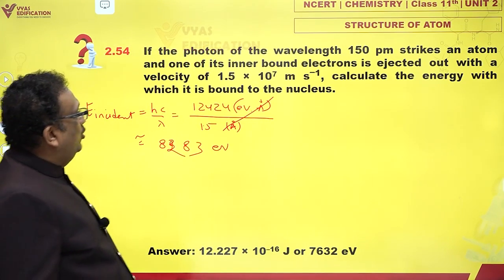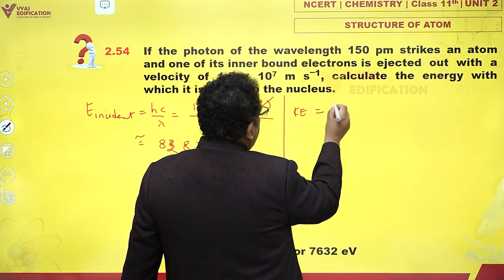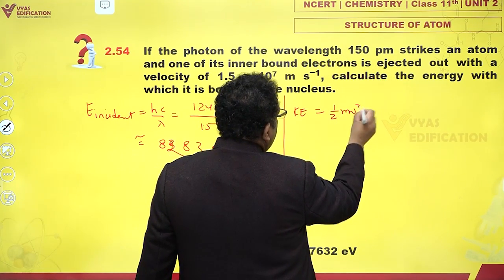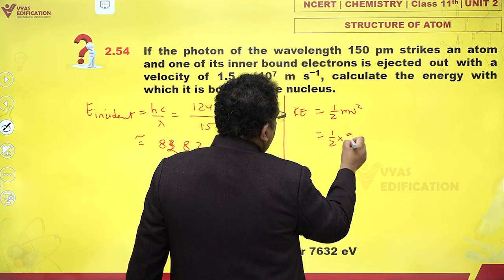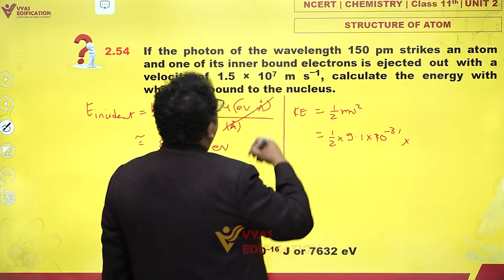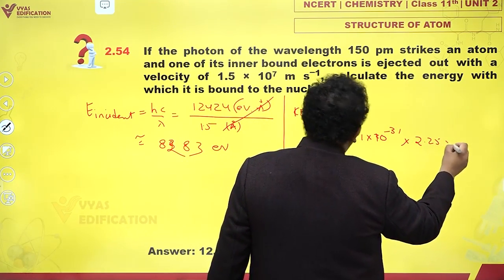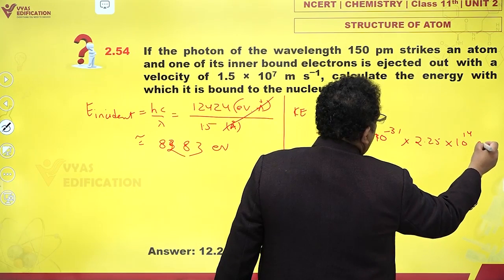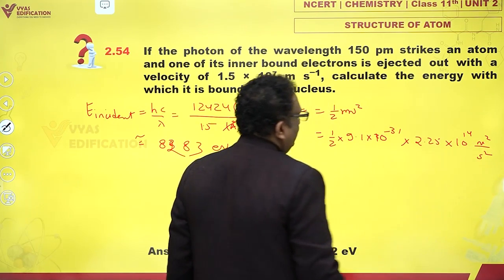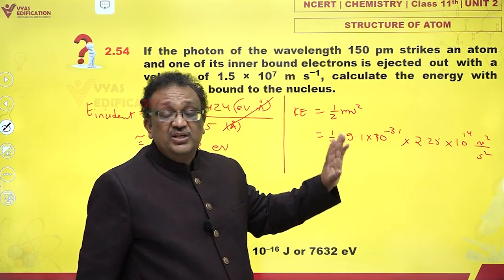Kinetic energy, yes, it goes out with this kinetic energy. How much is this? KE is half mv square, 9.1 into 10 raised to minus 31 kg into velocity. Let us square it. 1.5 square is 2.25 into 10 raised to 14 meter square per second square. Huge, huge, huge. Not that huge actually. This is in joules.